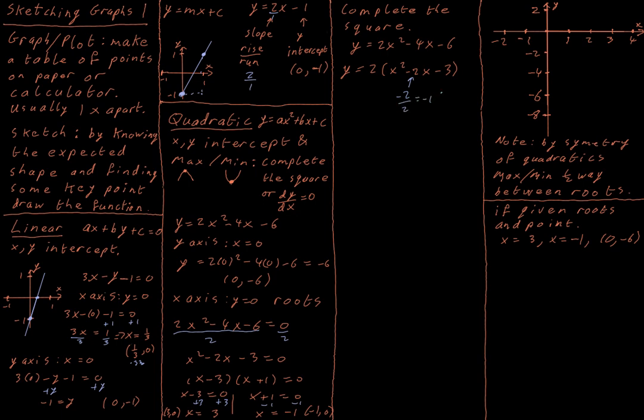In this case, half of the coefficient is minus 1. Obviously, we can't just add it in because that would be changing the equation, but we could add and subtract minus 1 squared, and that would sum to 0.